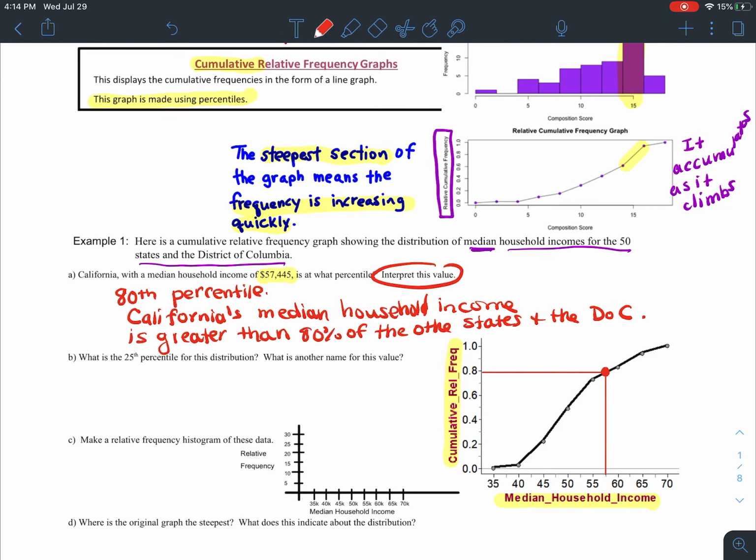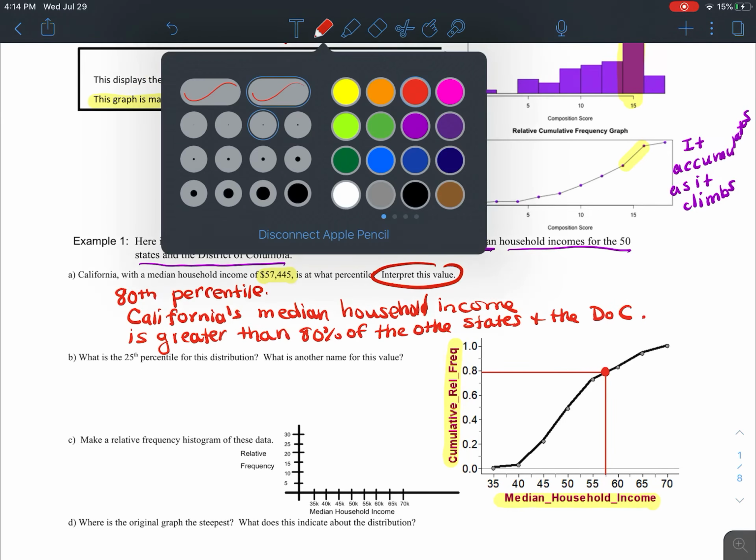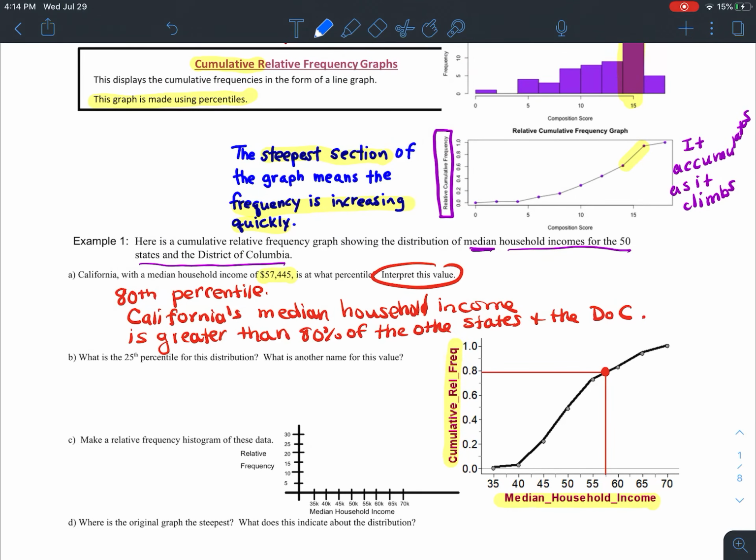Okay, let's look at example B here. It says, what is the 25th percentile for this distribution? And then what is another name for the 25th percentile? Now I'm going to change colors here. For the 25th percentile, I want to look at the y-axis. When I'm looking at percentile, I want to start on the y-axis and estimate where I think 25% would be, come across until I see where it intersects the graph, and then drop that down vertically to the x-axis.